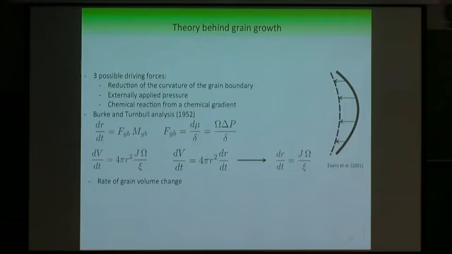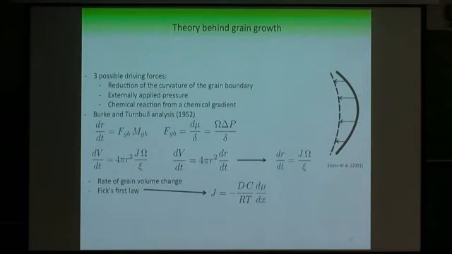Now I've taken the rate of grain volume change and found that this same dr over dt is equal to the flux times omega, which is the molar volume, which is another interesting parameter, over the stoichiometric factor of the growing grain.